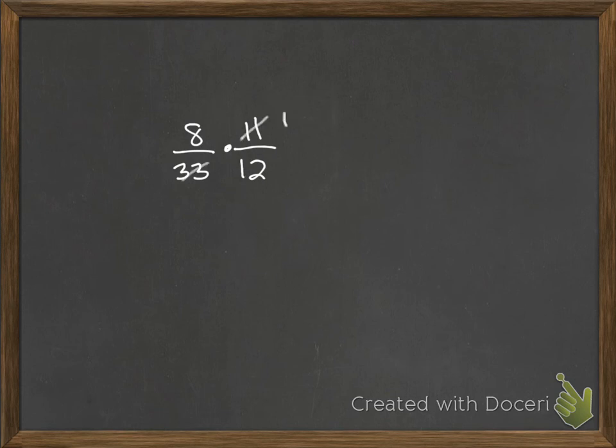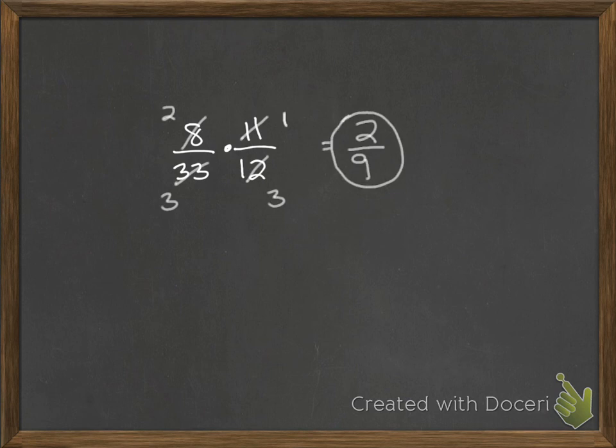Well, 11 times 1 is 11. 11 times 3 is 33. What goes into both 8 and 12? Well, 4 does. 8 is 4 times 2. 12 is 4 times 3. So 2 times 1 is 2. 3 times 3 is 9. So again, just by taking some extra time and simplifying, we can save ourselves a lot of work.